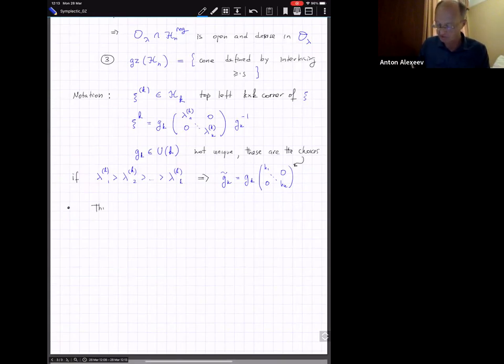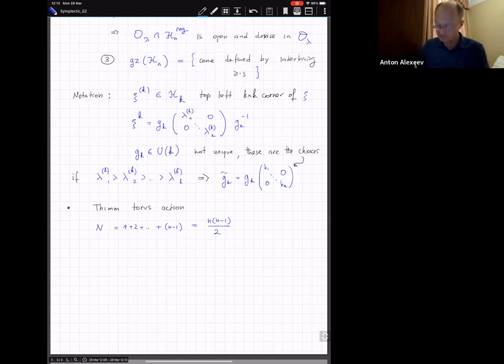And this goes under the name of the torus action. So first of all, let me introduce a notation: capital N to be 1 plus 2 plus so on plus n minus 1, which is of course n times n minus 1 over 2.